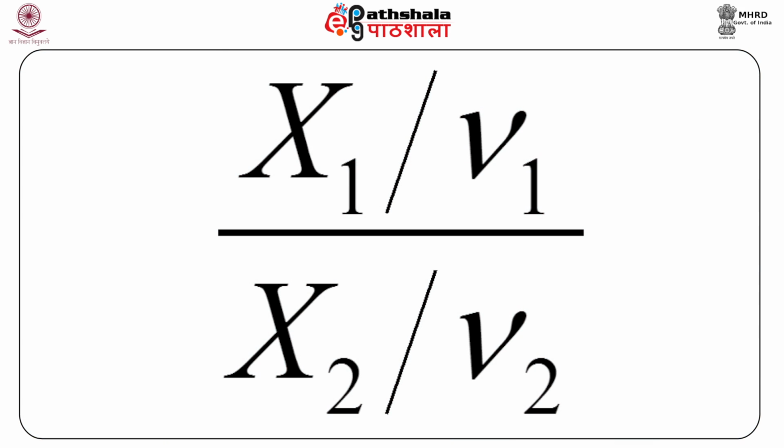So if X1 and X2 are two independent random variables having chi-square distributions with degrees of freedom say nu1 and nu2 respectively, then the ratio (X1 upon nu1) divided by (X2 upon nu2) has an F distribution with nu1 and nu2 degrees of freedom.